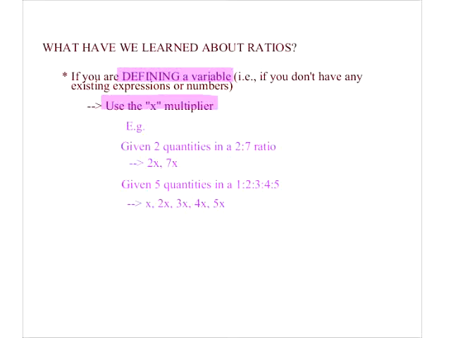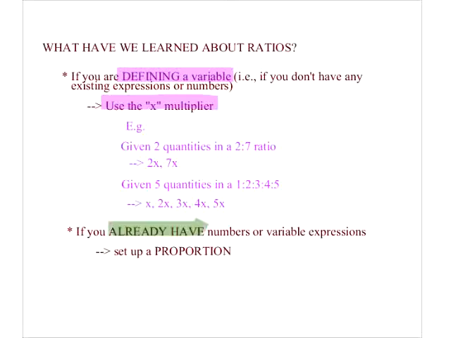On the other hand, we also learned if you already have numbers or variable expressions, in other words, if you don't need to define them, then you should set up a proportion.